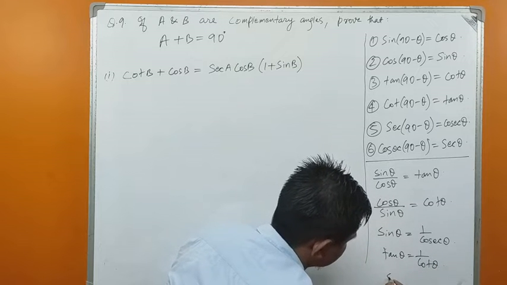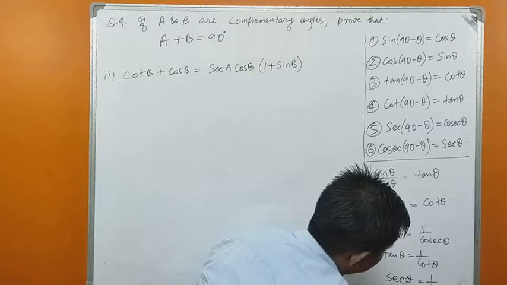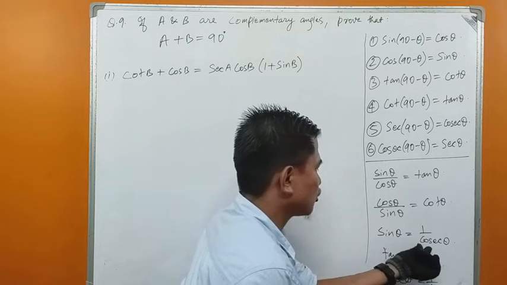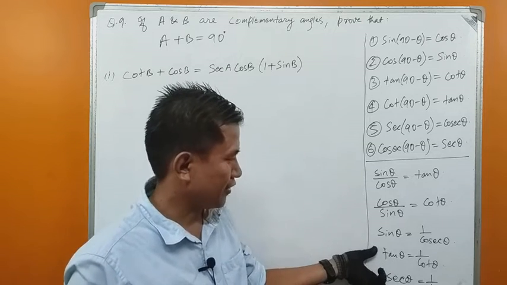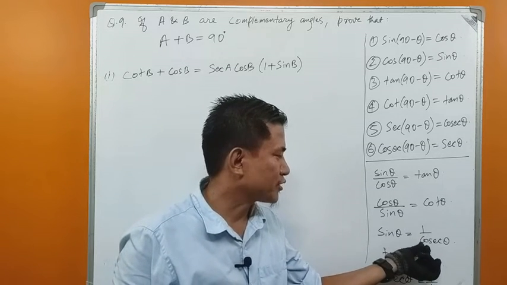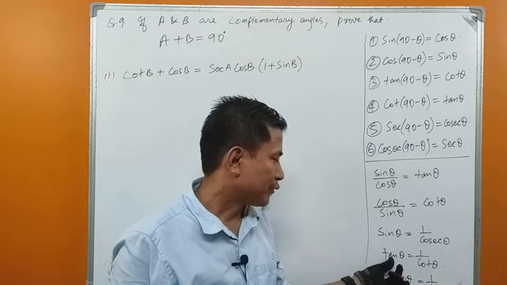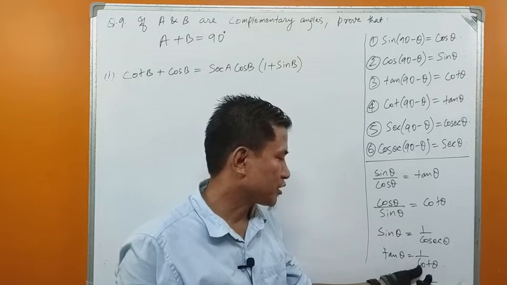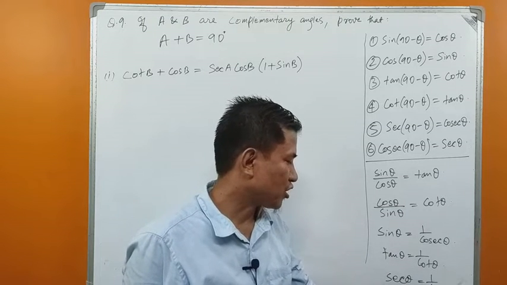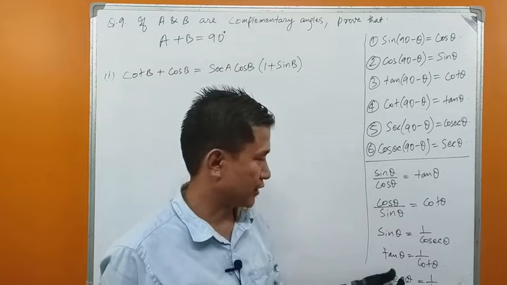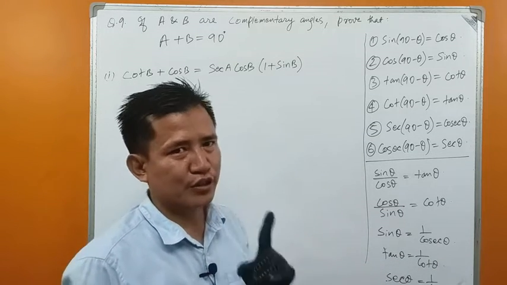And sec theta equals 1 upon cos theta. I did not write cosec theta because I don't have much space left here. If sin theta equals 1 upon cosec theta, then cosec theta equals 1 upon sin theta. If tan theta equals 1 upon cot theta, then cot theta equals 1 upon tan theta. If sec theta equals 1 upon cos theta, then cos theta equals 1 upon sec theta. These sin, cosec, tan, cot and sec, cos are reciprocal of each other.